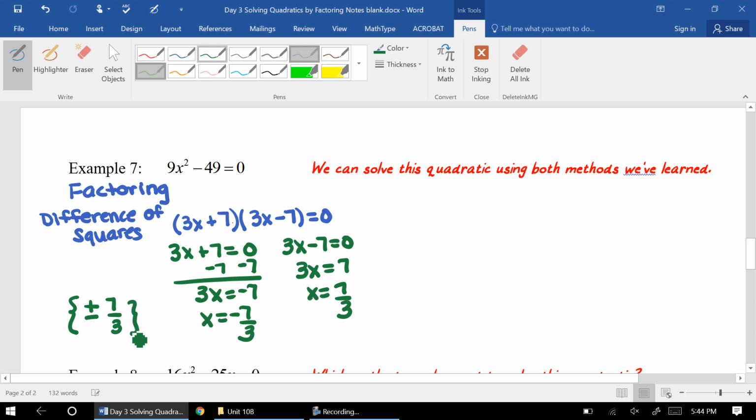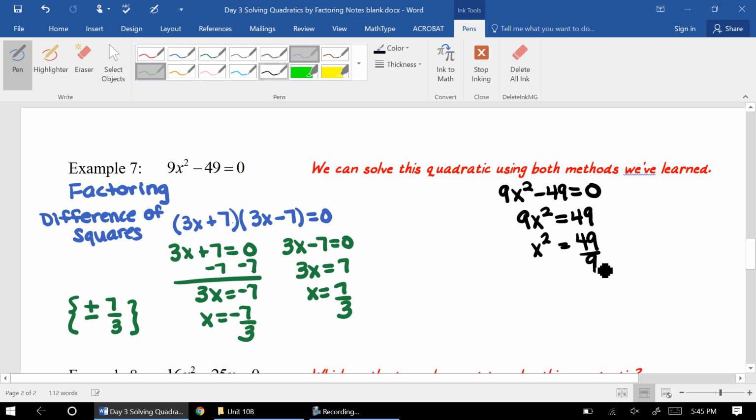The other method that I have for solving this is the square root method that we learned Tuesday, where I take 9x squared minus 49 equals 0 and start by adding 49 to both sides. So 9x squared equals 49. Now dividing by 9, so I have 49 ninths.